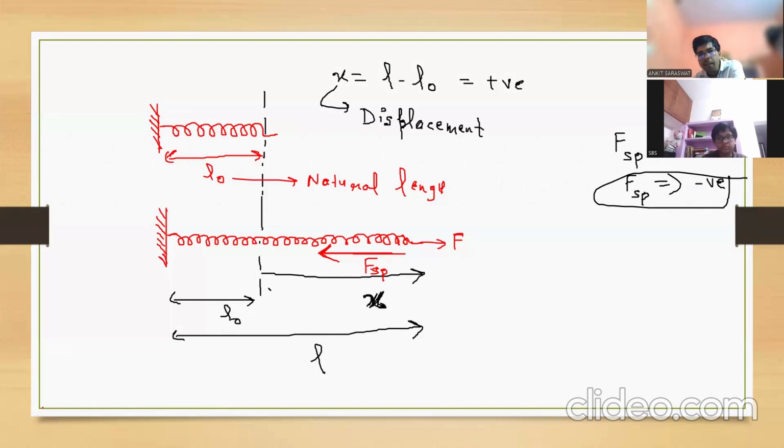External F means F is the force applied, or deforming force, the force which deforms the shape of the spring. If you remove that, then because of this F_sp, it will come back to its initial state. It will take some time. It will not come instantly.